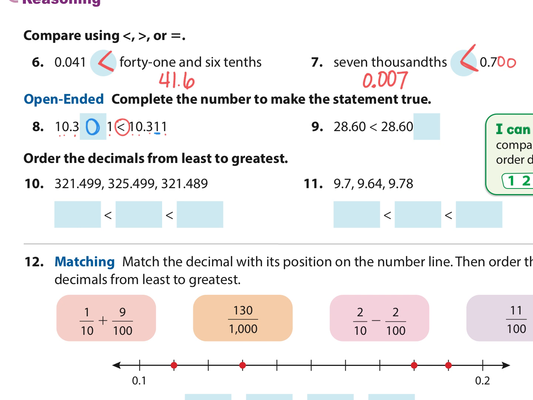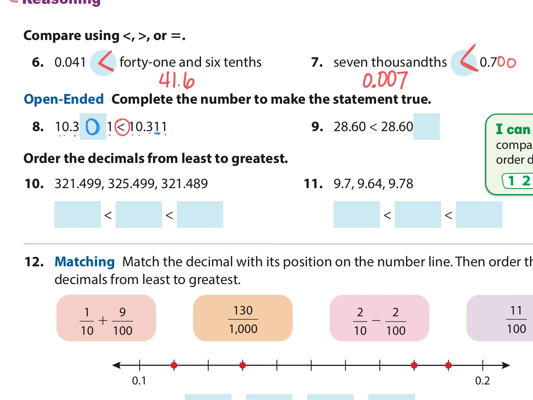Okay, number 9, I have 28 and 60 hundredths is less than 28 and 60 something. It's got to be less than. What could I put, Jeb? I could put a 5.